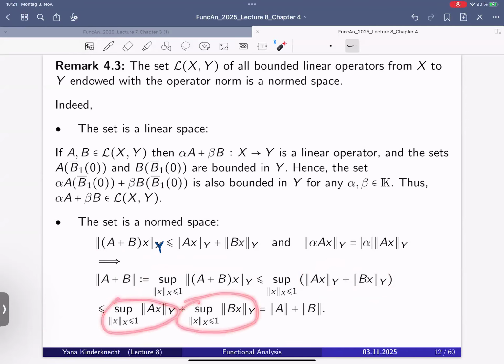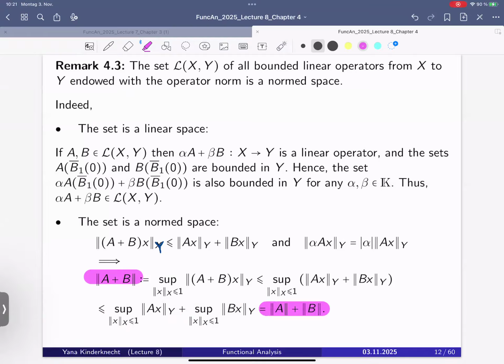That's why we have separated two supremums. But then by definition, this one is just the norm of A and this one is just the norm of B. And hence we have the triangle inequality for the operator norm. This is one of the properties which is needed for an object to be a norm.